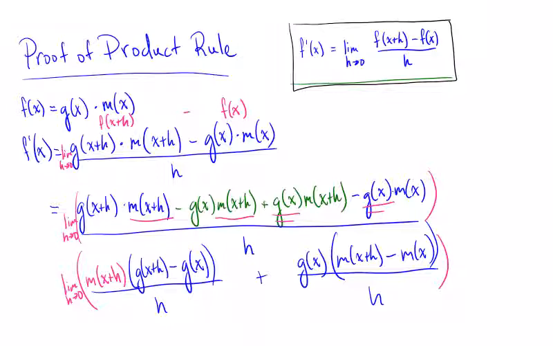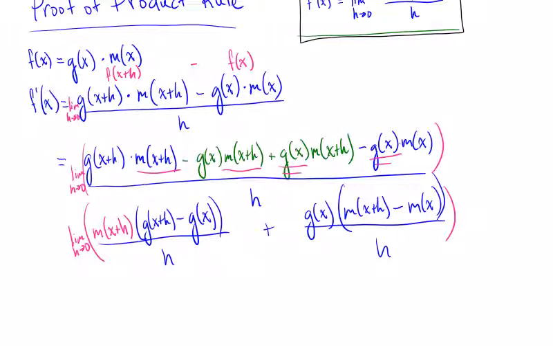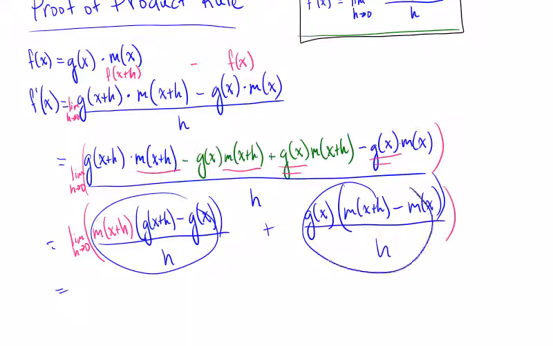Okay, and now we can apply our limit laws, right? We know our limit rules. We know that the limit of a sum is equal to the sum of its limits, right? And so I can apply the limit to this and to this independently. And then we also know that we have a product rule of limits, where the limit of a product is equal to the product of its limits, right?